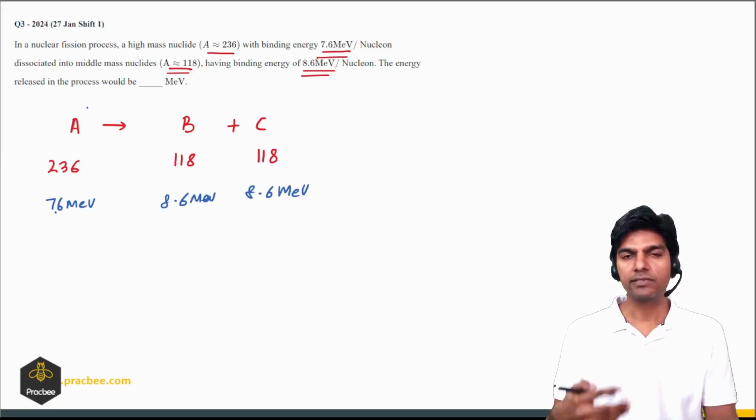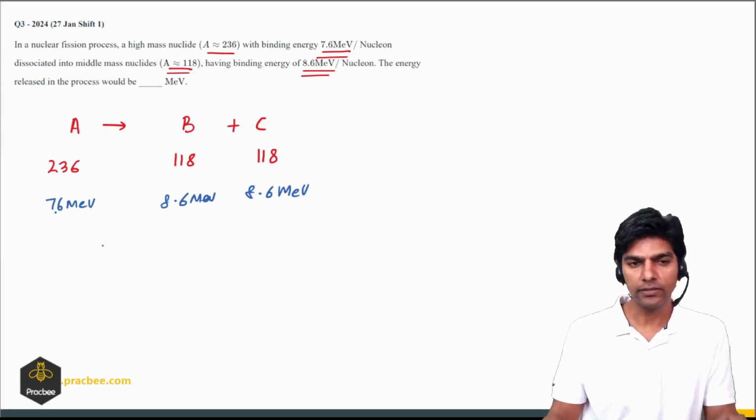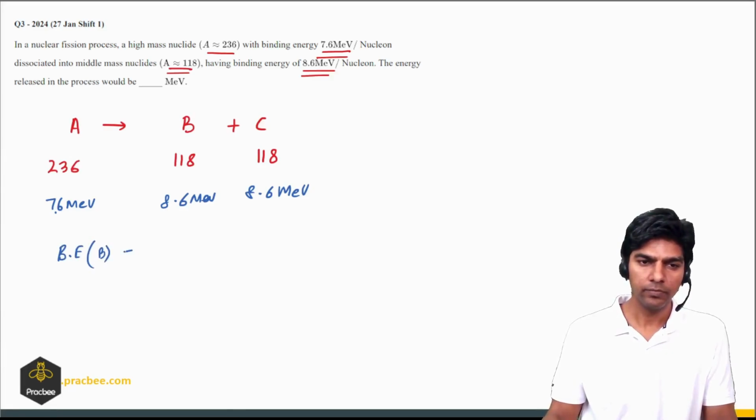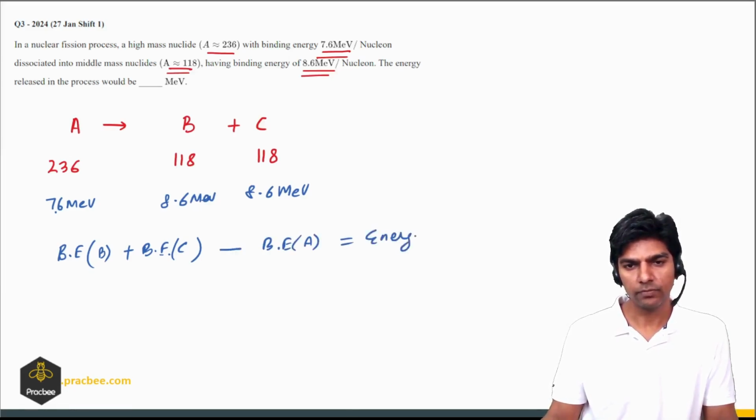Now, since the energy is being released, the binding energy of the product will be more than the binding energy of the reactant. So we can say binding energy of B plus binding energy of C minus binding energy of A will be energy released.